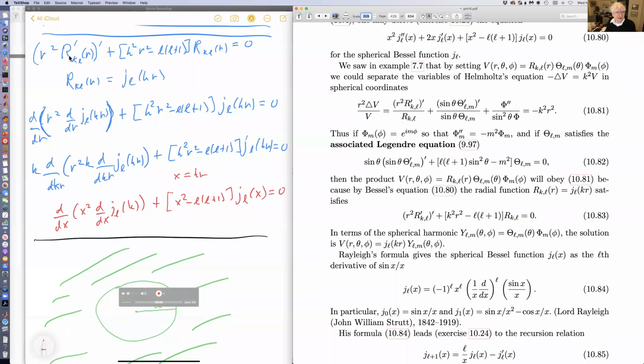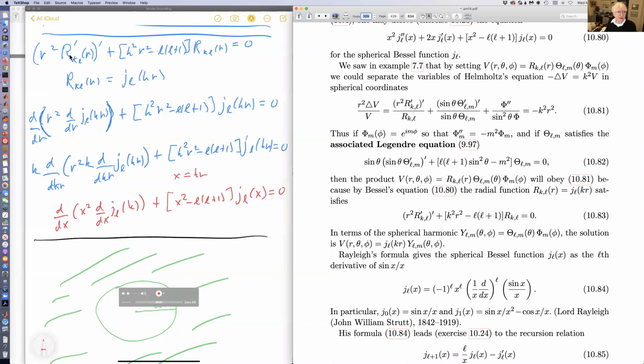R squared, the R derivative of R_kl of R, minus k squared R squared minus l(l plus 1), R_kl of R equals 0. So what we do at that point is we set R_kl of R equal to j_l of kR, and then we just substitute that in here.